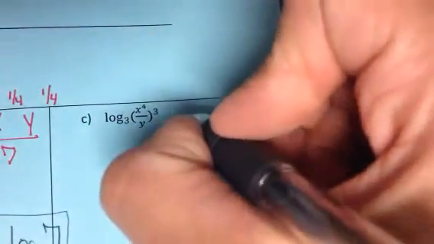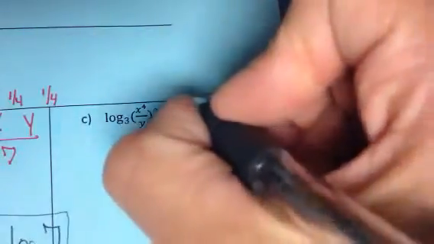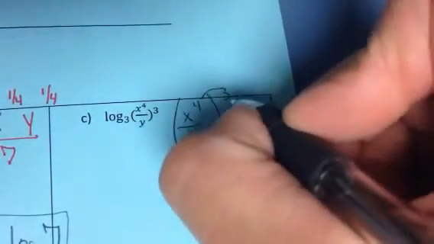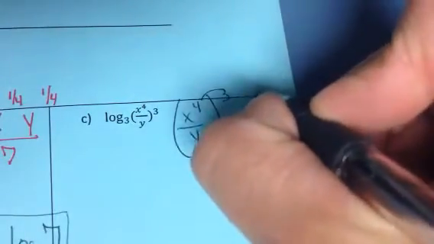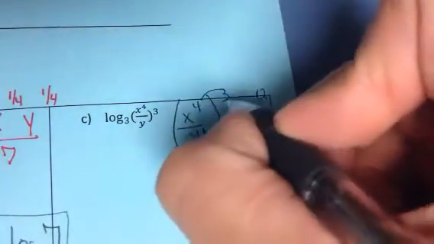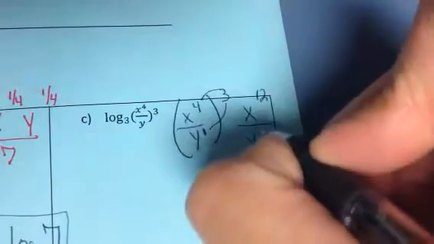And then the last one. So the idea, this is kind of hard to notice, but this is x to the 4th over y, and then all of that's cubed. So again, the first thing I'm going to do is just distribute that in, so it's x to the 12th, and distribute it in here, so it's y to the 3rd.